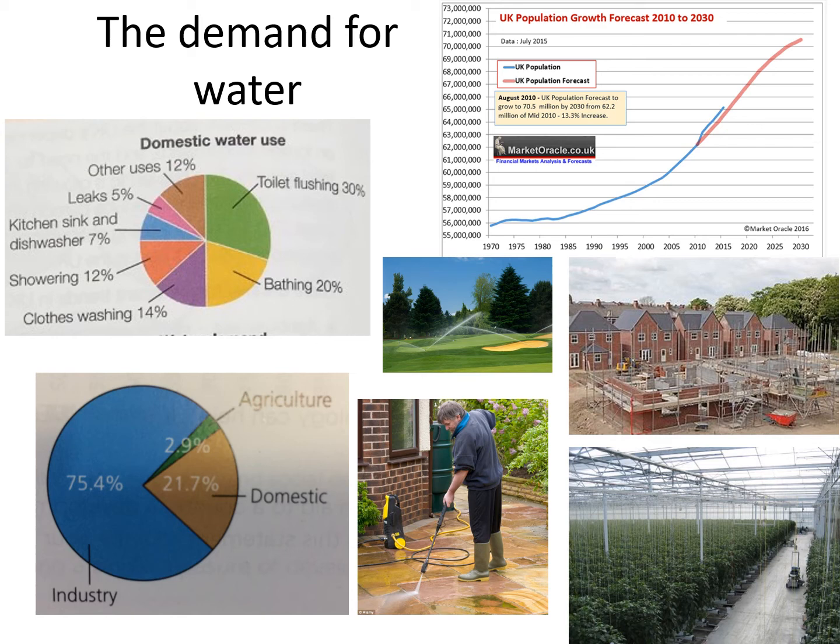So that's showing that. The picture underneath with the man with the jet wash, that's showing you the changes to the way that we live our lives around the home. We spend money buying domestic appliances, just like that jet washer. We've bought washing machines, we've bought dishwashers, things that require water, basically. Whereas a long time ago, people would have hand washed clothes.